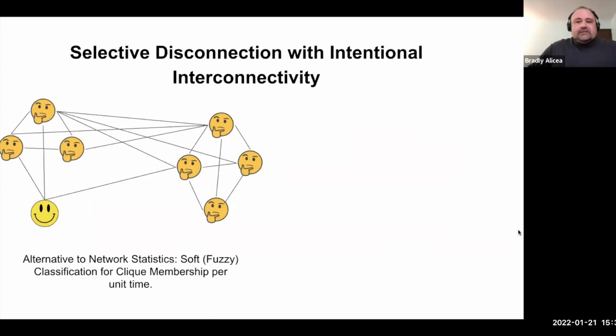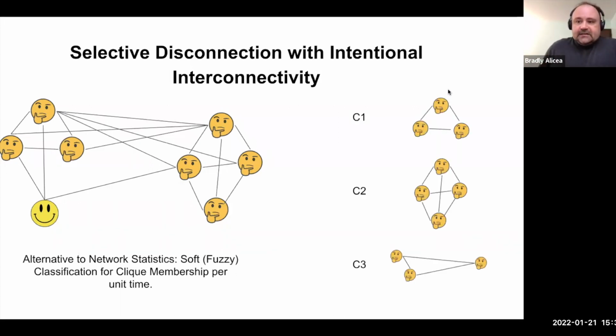So there are a couple of strategies here. One is selective disconnection with intentional interconnectivity. This is a way to measure interaction, and this is something we can understand. In this case, we look at the cliques in a network, and we see people entering the community, and we can actually monitor this clique formation.